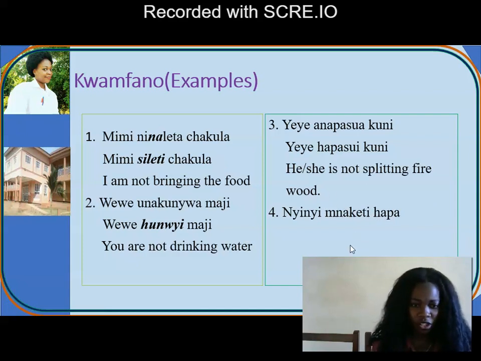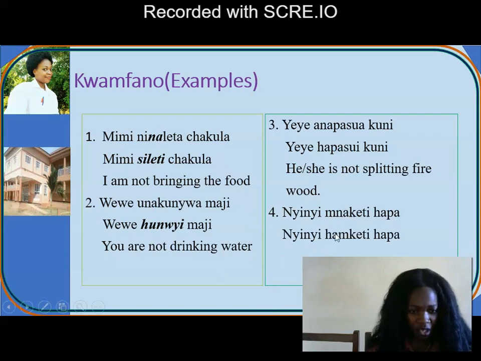But you change the pronoun marker of nyinyi. The pronoun marker of nyinyi in the positive form is m, but in negative statements it will be ham. Nyinyi hamketi hapa. As simple as that. You are not sitting here.